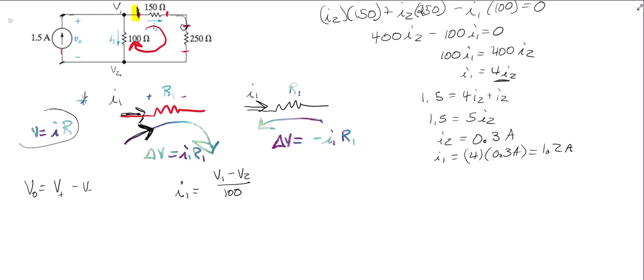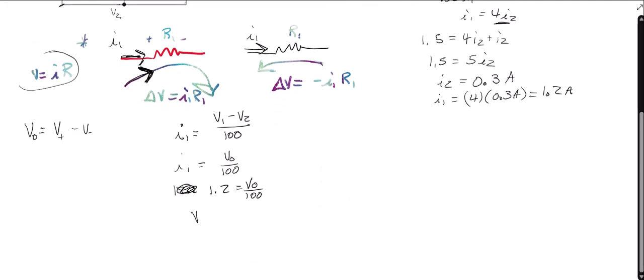And we just said V1 is the voltage at the top, V2 is the voltage at the bottom. So I1 equals V0 over 100, or 1.2 equals V0 over 100, and then that gives me that V0 is 120 volts.